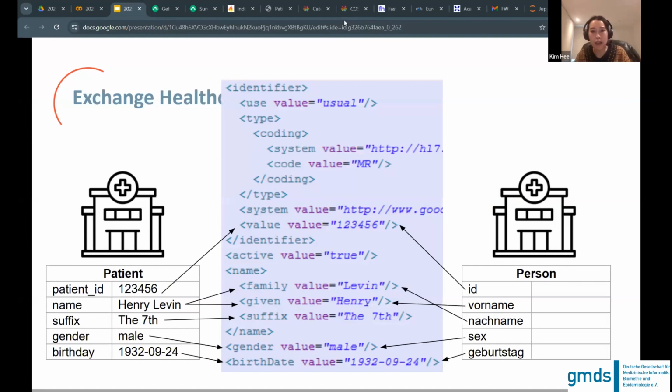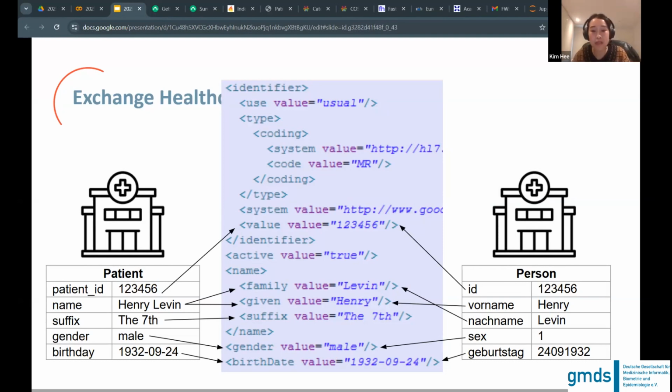And if you have a proper indication of which data means which field, you can understand how to retrieve the data, how to exchange the data, and you can process it properly to your format. As you can see, the date format has been processed to the hospital on the right side. So that's the idea of what FHIR is doing.